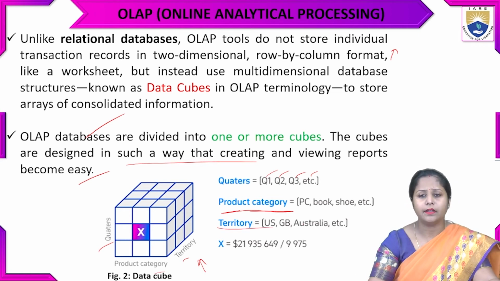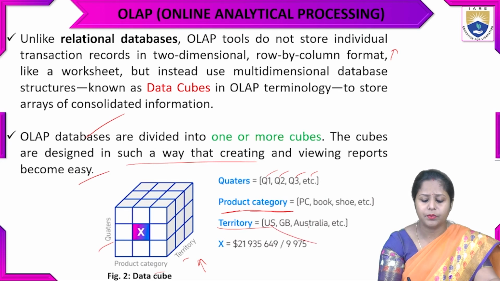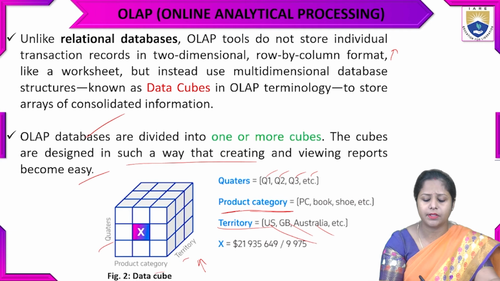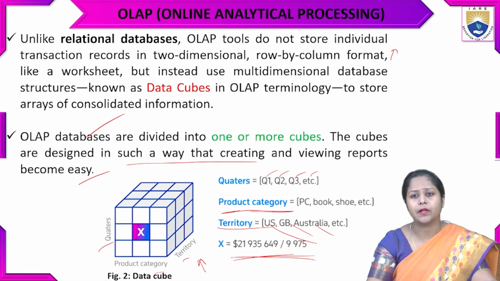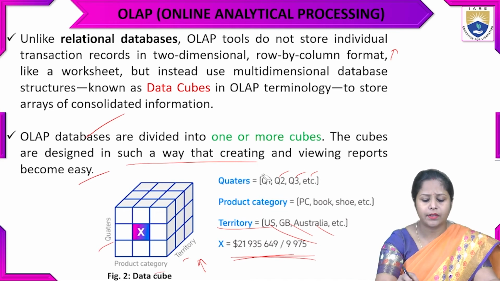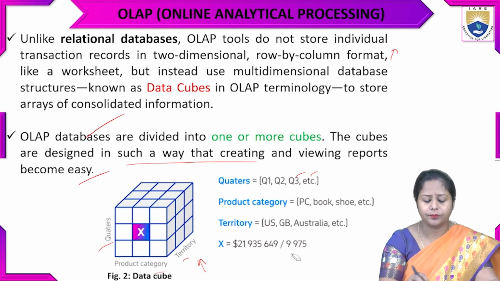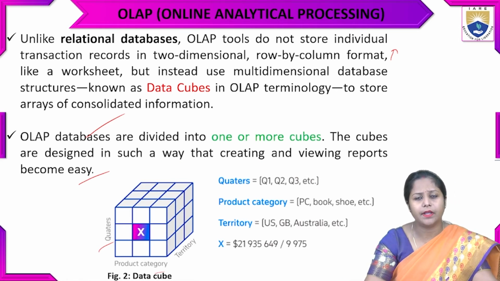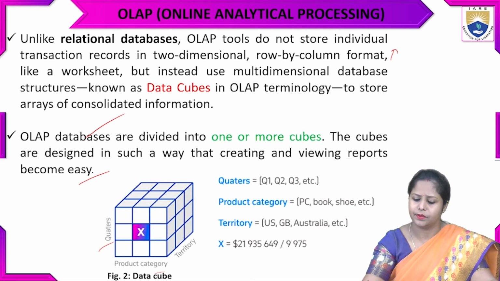Territory has US, GB, and Australia. On this basis, the end user can perform the required calculations. So that was the cube. In 3D, in the type of array, we can store the useful information, so that we can apply queries while doing the final calculations.